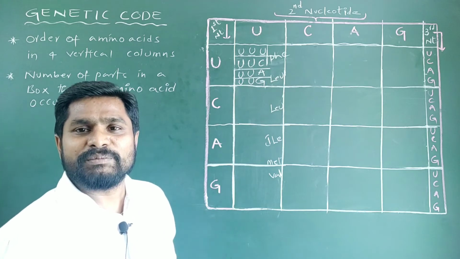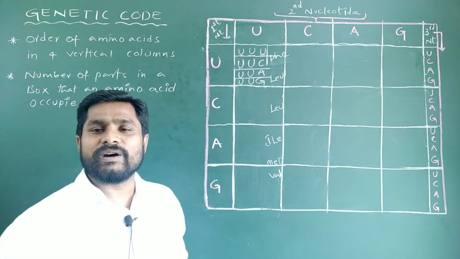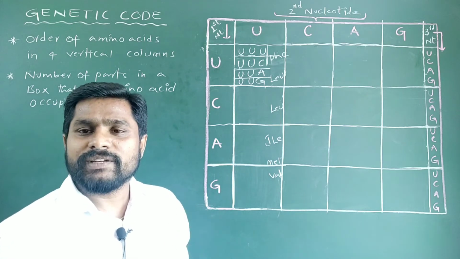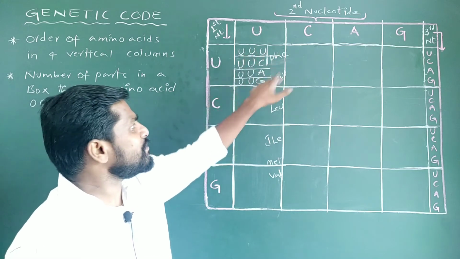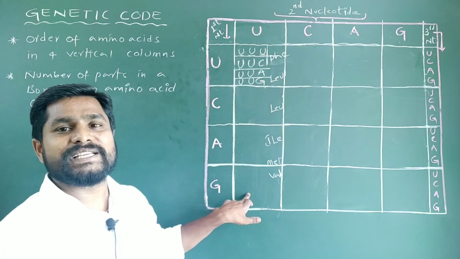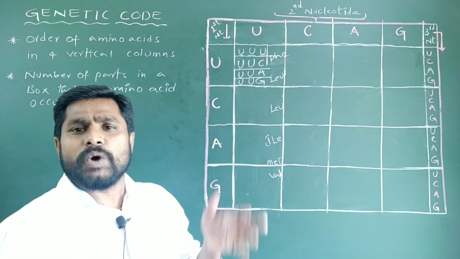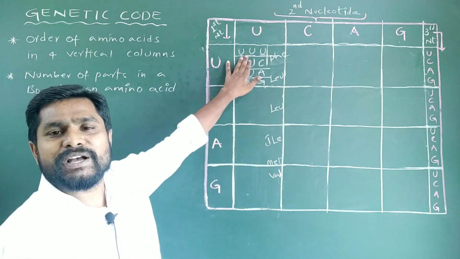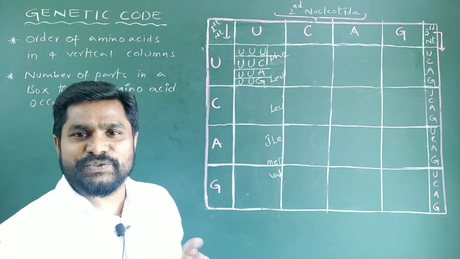Here you don't need to remember that UUU and UUC are the triplet codons coding for phenylalanine. What you need to remember is that the first half of the first box of first vertical column is being occupied by the amino acid phenylalanine. Whatever the triplet codons may come here, those code for the amino acid phenylalanine.